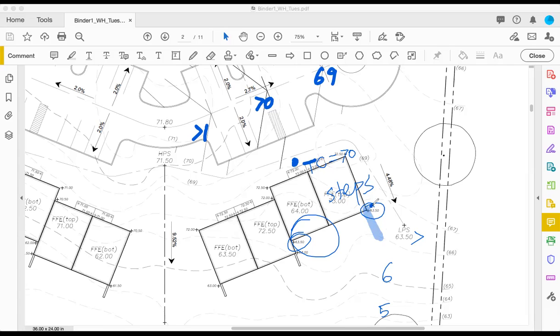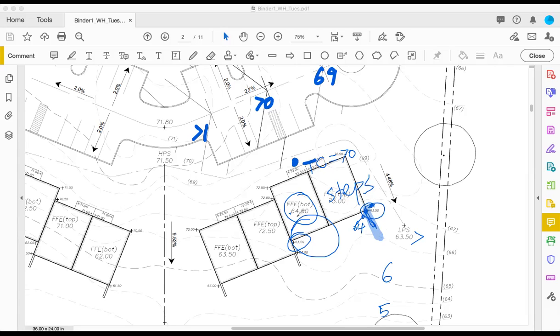The bottom of wall will be different from the bottom of wall on the other side of the retaining wall. And this one will be determined by your bottom FFE, right? That wall elevation would be the same as the bottom FFE, 64. But on the other side, it could be a lot higher, and that's what the wall is for, right?